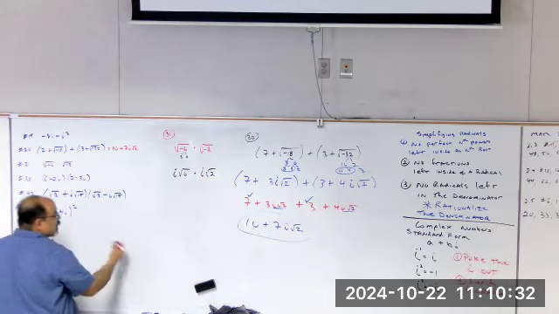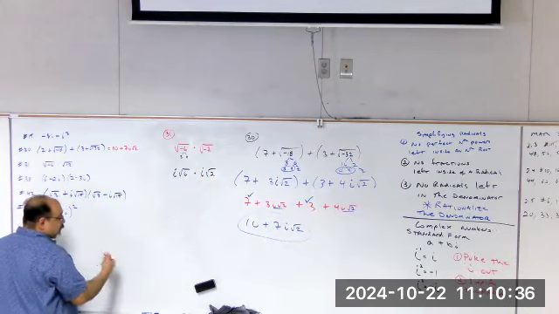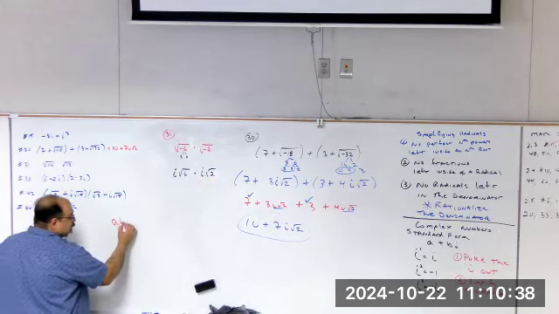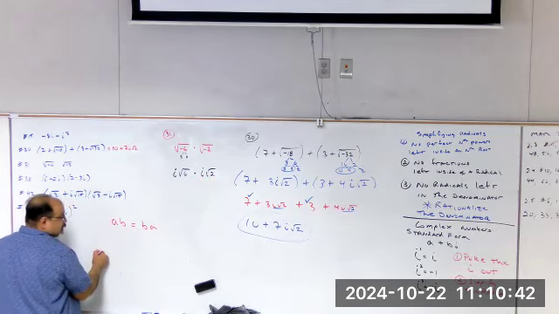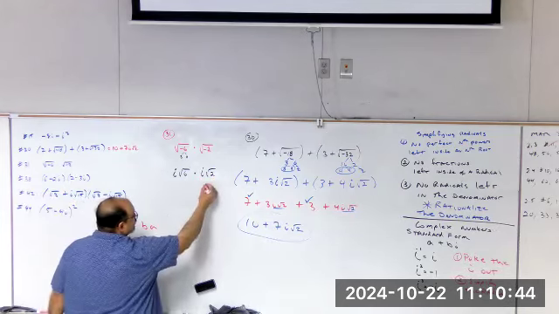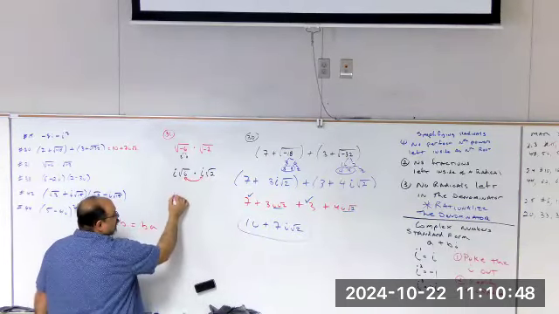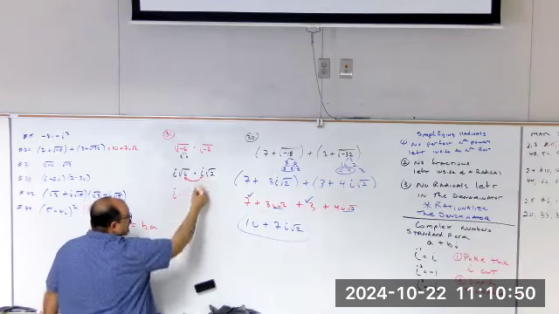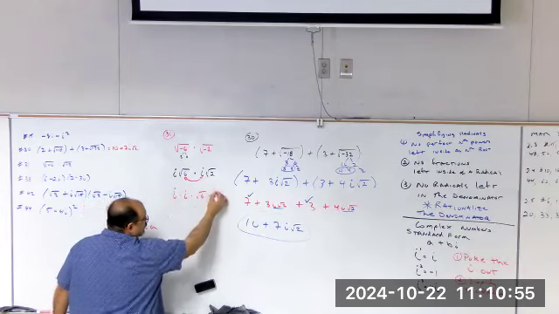The commutative property of multiplication. A times B can be rearranged, and we can do B times A instead. So I'm going to rearrange this square root 6 and i.